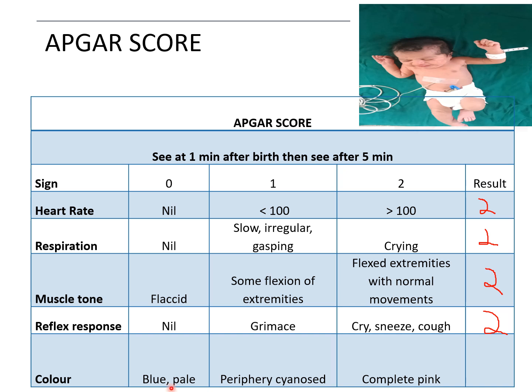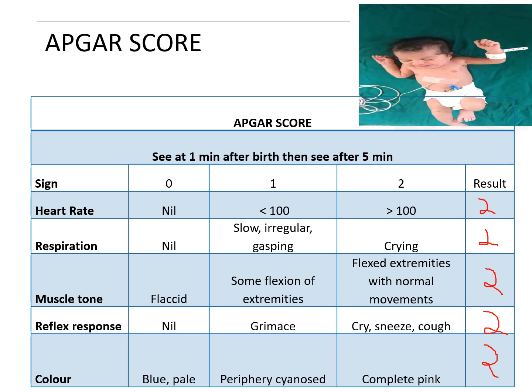Then check the color of the baby. If cyanosed or pale, then 0. If the periphery is cyanosed, acrocyanosis, then 1. If the baby is completely pink, then 2. So for this baby, the extremities are pink along with the body, so the score will be 2. So the total score for this baby is 10.